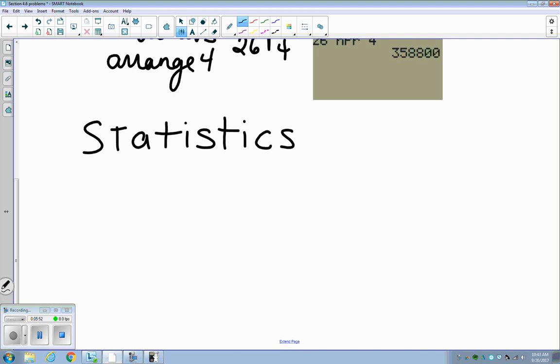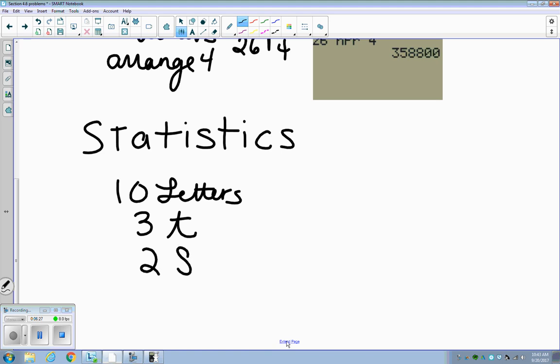But do I have any repeats? I do. I have some letters that are identical. Okay? So I have 10 letters, and I'm going to use them all, but I have T that repeats 3 times, right? So I have 3 T's. The other thing that repeats is what? The S.